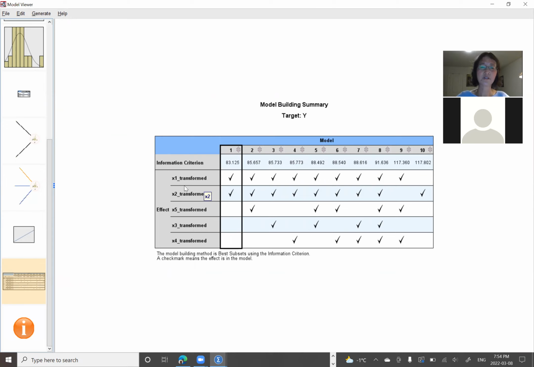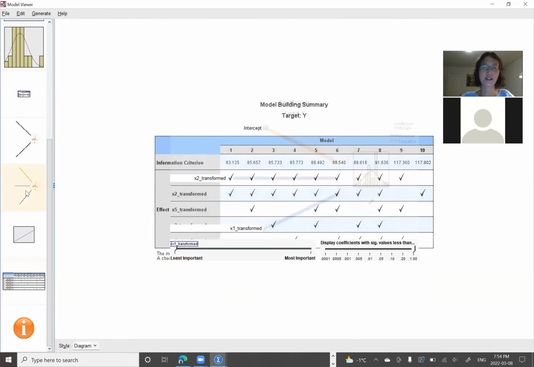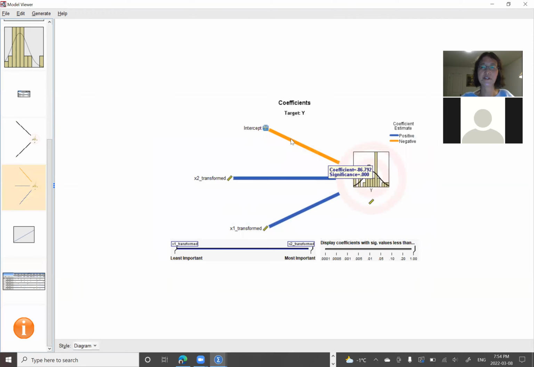And this model uses X1 and X2. The information criteria has the smallest value, 83. If you want to write down the equation, you should go to here, get the B0. B0 is negative 83, B1 is 5.9, B2 is 0.2. So that is the best subset model.